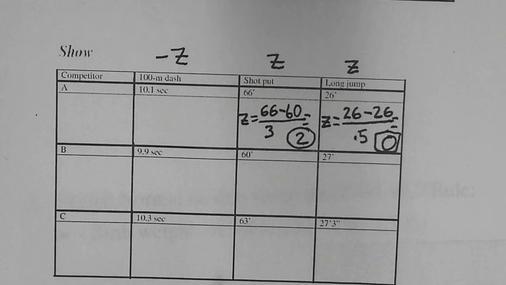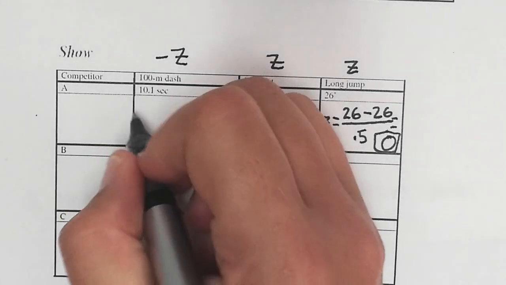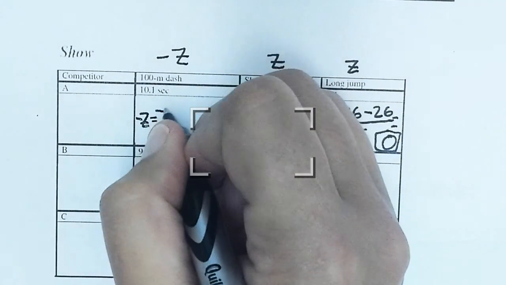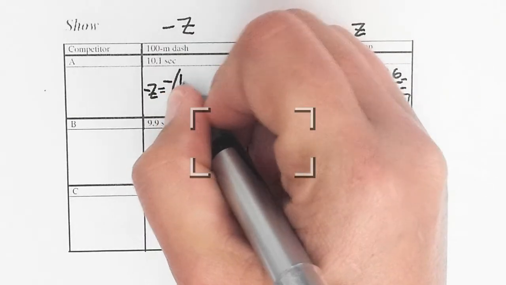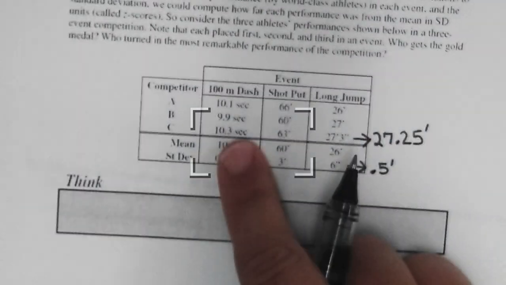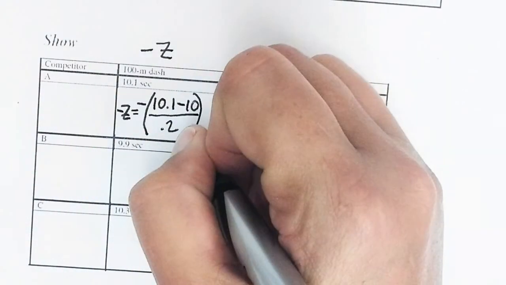Okay, so then with the 100-meter dash, more is not good, so we want the opposite of that. So we're going to calculate the opposite of the z-score. His speed is 10.1 seconds, minus the mean, which is 10 seconds, divided by the standard deviation, which was 0.2 seconds.